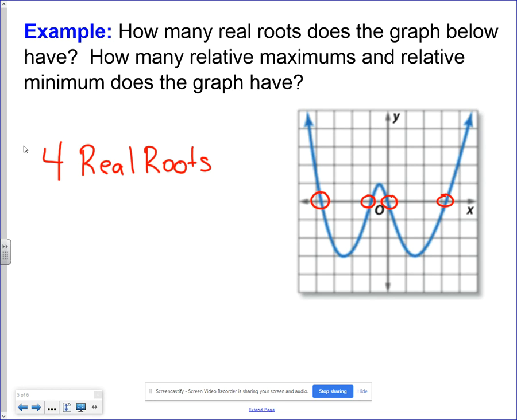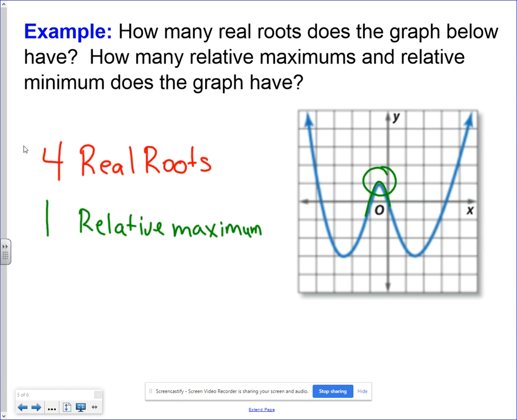Alright, let's see how many relative maximums this graph has. Well, a maximum is made like a hill shape. How many hills do we have? It looks like we only have 1 right here. So this graph has 1 relative maximum.